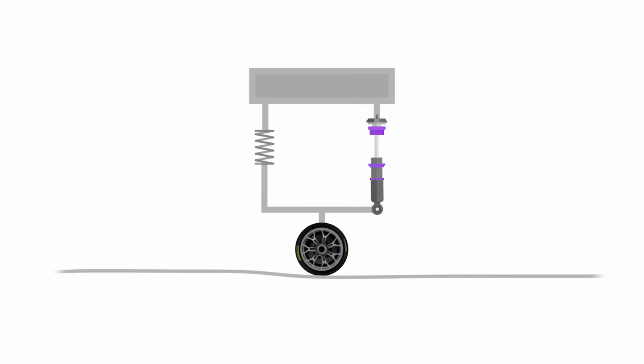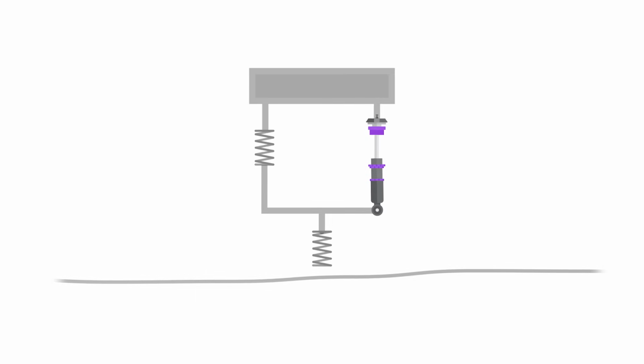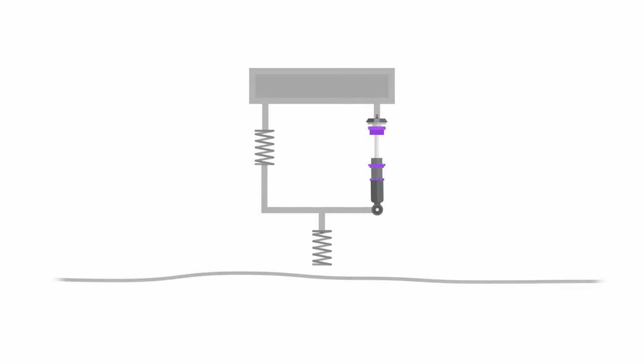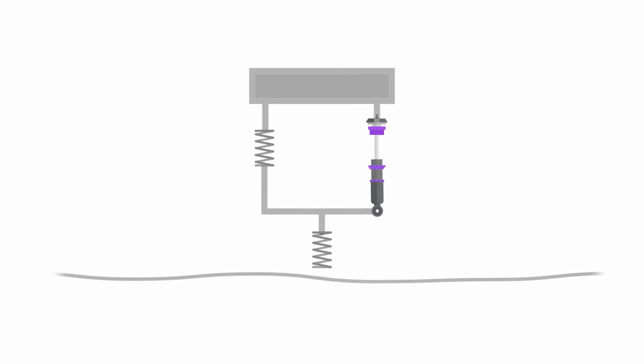So if we're being more accurate, the spring calculation for each corner of the car should include the effect of having another spring in series with the main suspension spring. In saying that, while it's a significant simplification, I don't believe it's absolutely necessary when considering a suspension in a simplified way as we have throughout this course. It's still a valid and useful calculation to do.